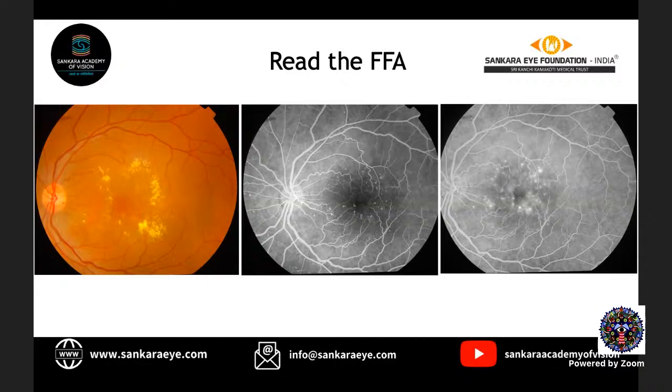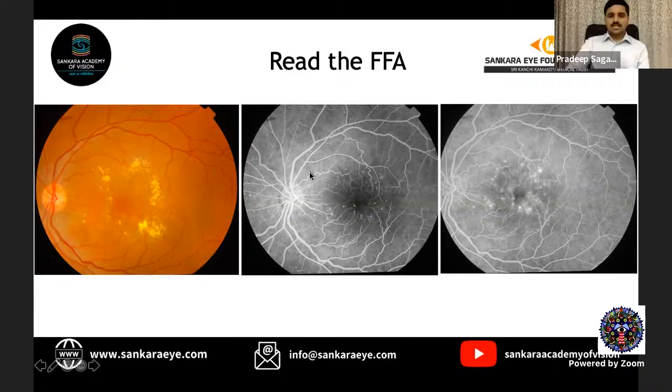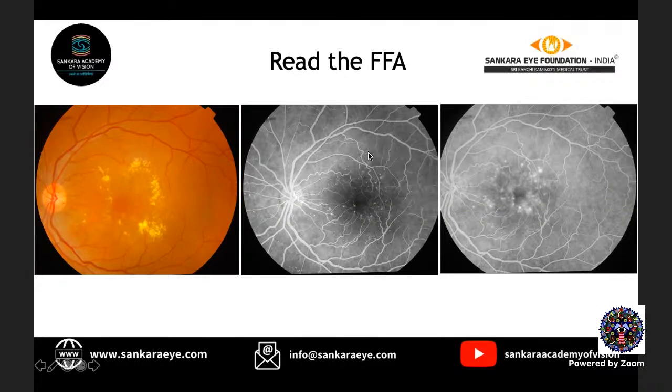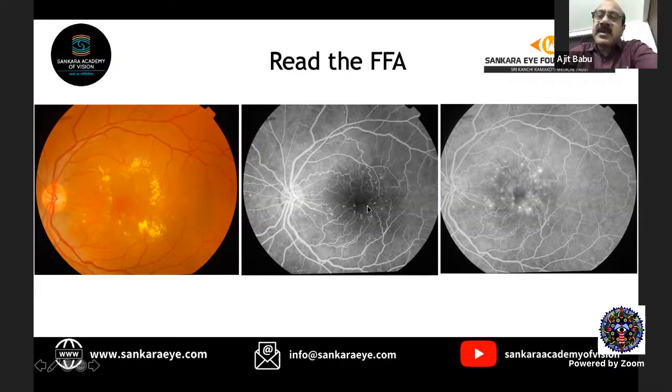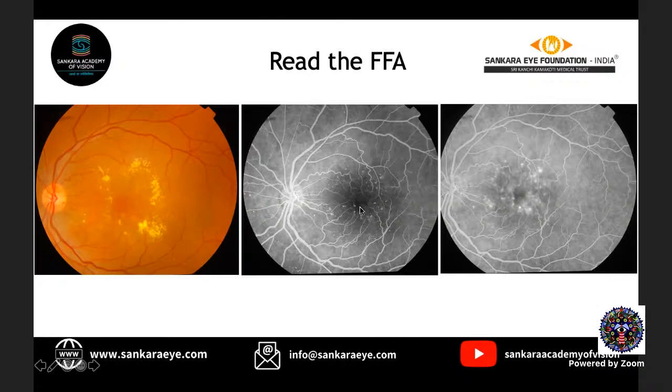Pradeep? Vessels here show tortuosity, but the major vessels don't show any significant tortuosity. Yes, I agree. The vessels do show some tortuosity, and there is distortion of the foveal avascular zone. Yes, on the color picture, and even in the FFA, I agree.